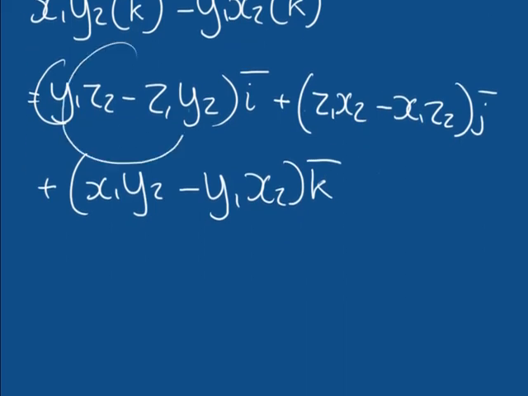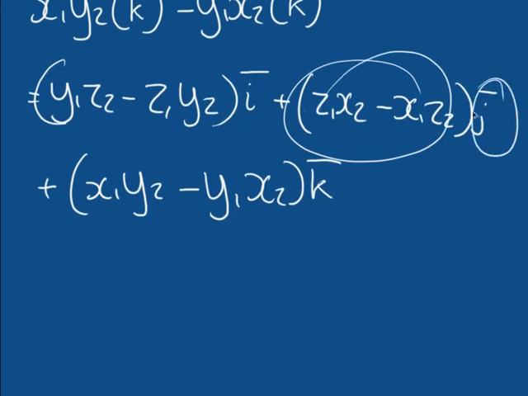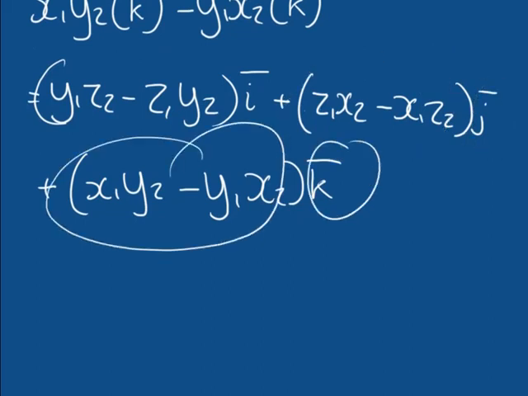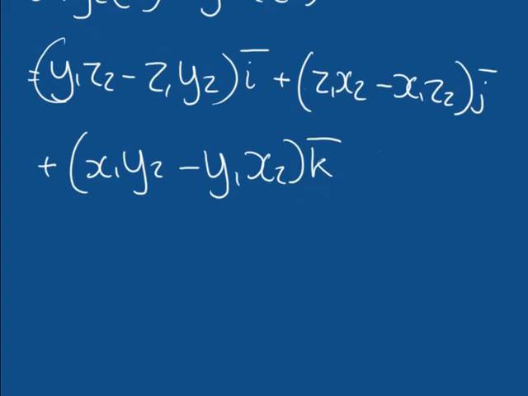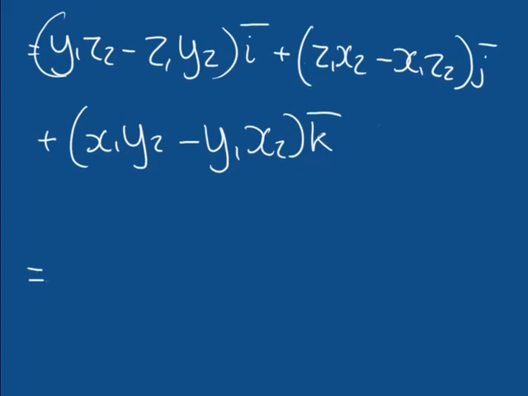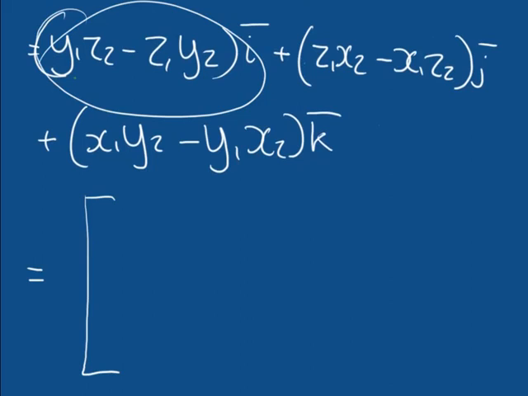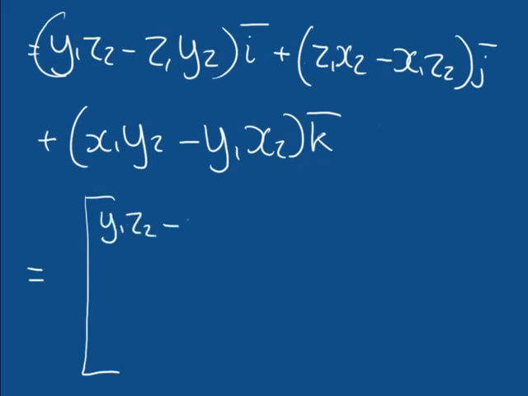Well, if we've got some scalar value multiplied by i, plus some scalar value multiplied by j, plus some scalar value multiplied by k, we know that we could equally just write this as a vector, where this scalar value is our x component, so y1 z2 minus z1 y2.